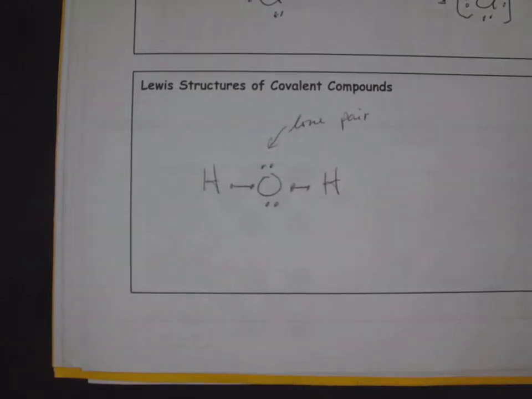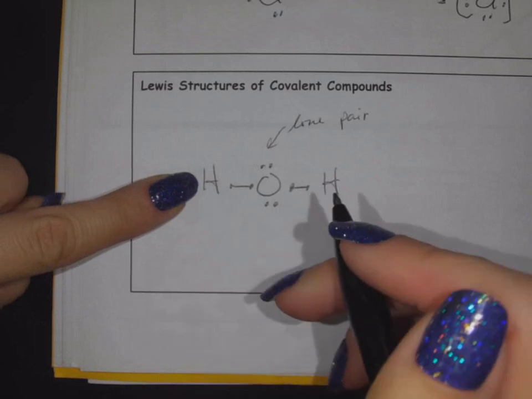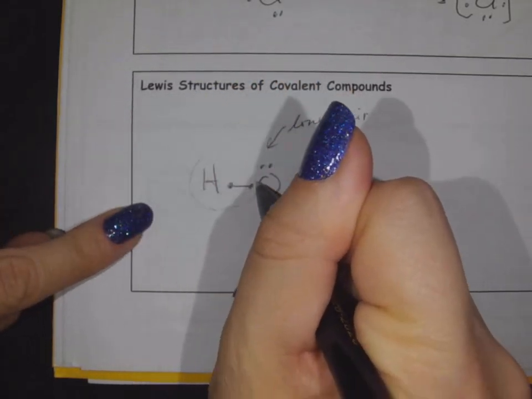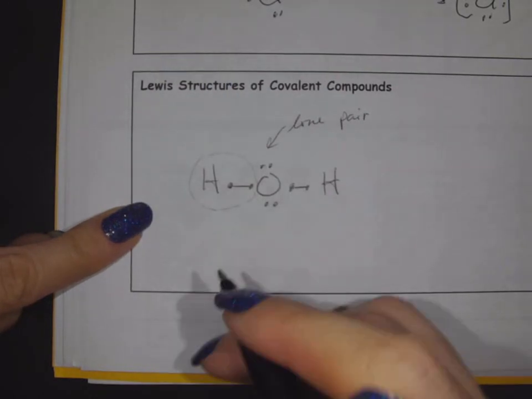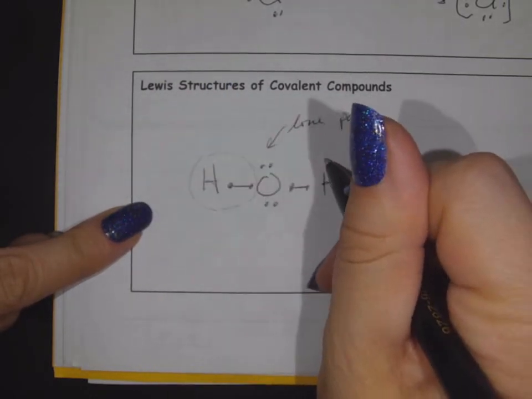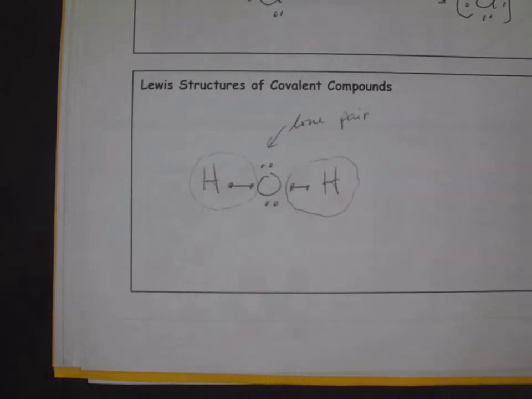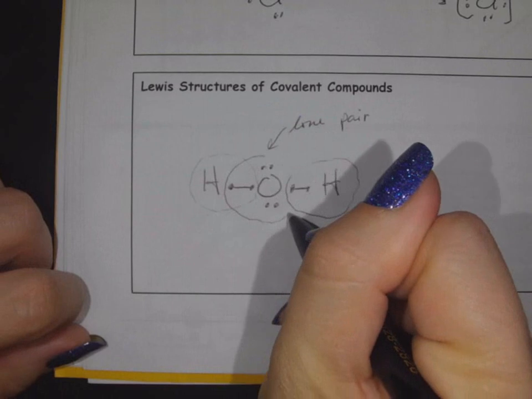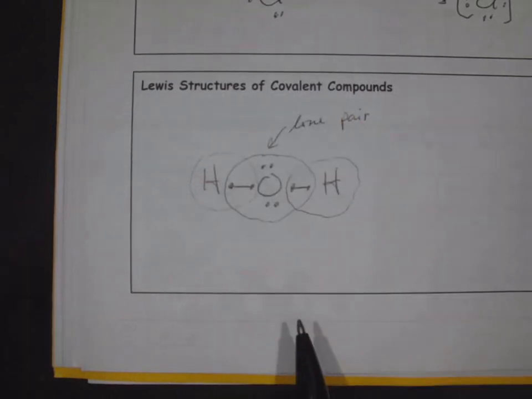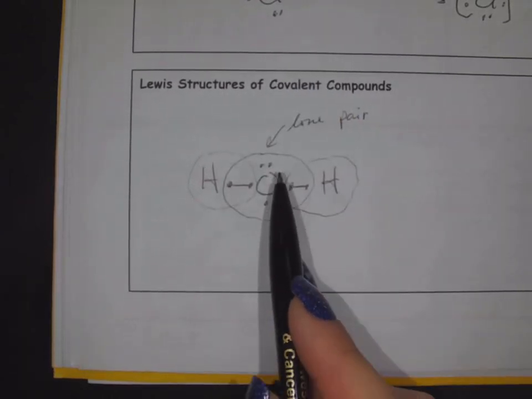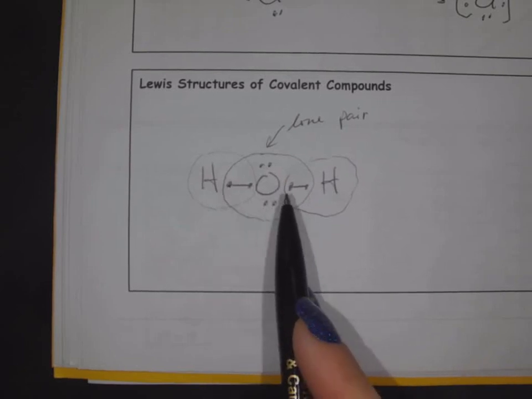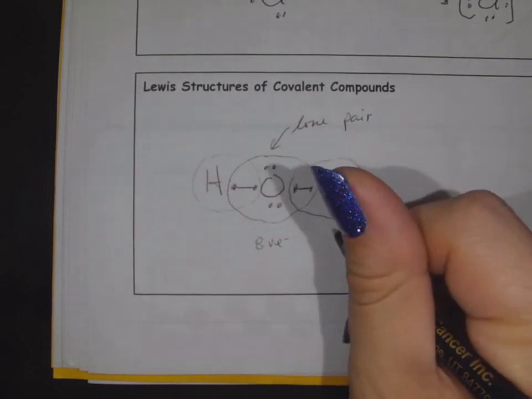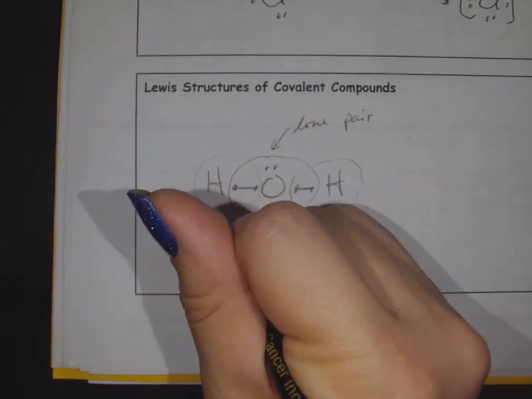So this hydrogen is sharing 1 electron, but because oxygen is sharing 1, it feels like it has 2 valence electrons. And the same with this hydrogen, it feels like it has 2 valence electrons. And now here's what's really cool, this oxygen feels like it has 1, 2, 3, 4, 5, 6, 7, 8 valence electrons.